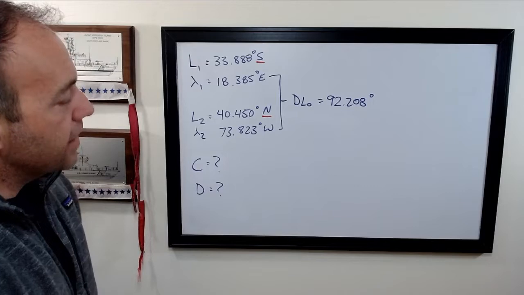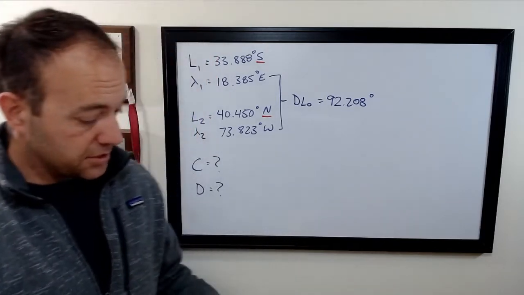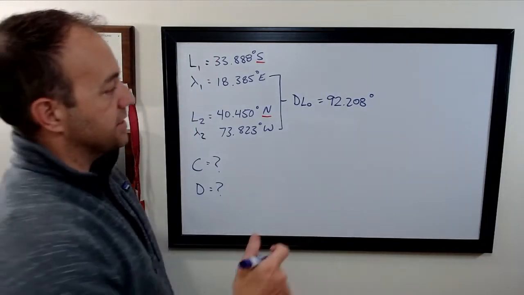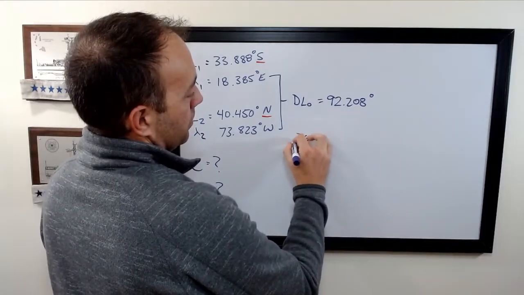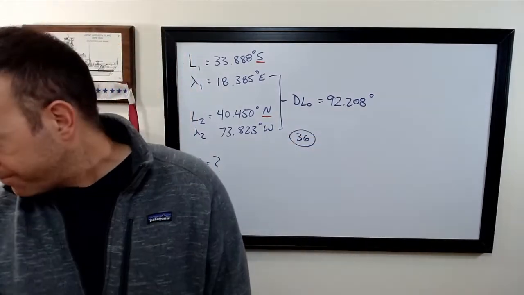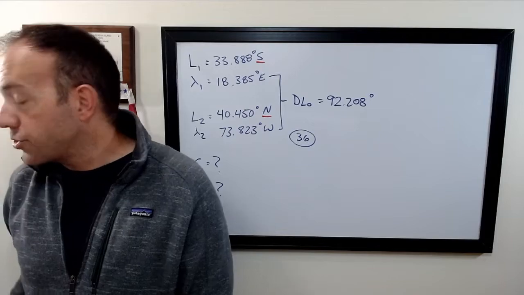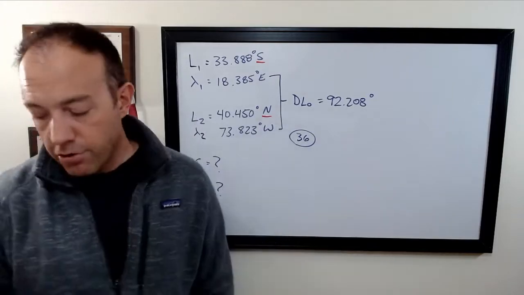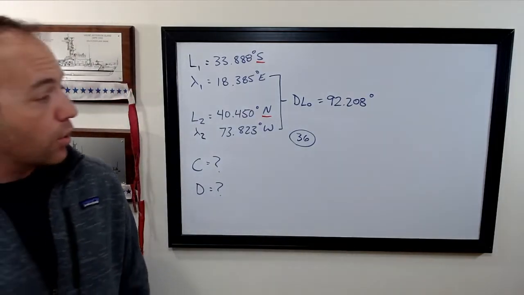All right, and then as you can imagine, it's going to be a Bowditch formula. So for this one, it's Bowditch formula 36. You can pull that right out of the book. It's available to you in the test room, so no need to memorize it, just be familiar with where it's found.